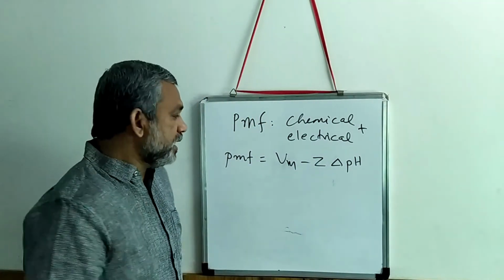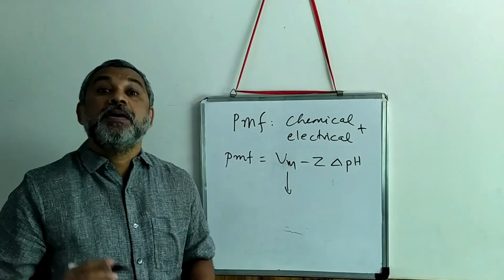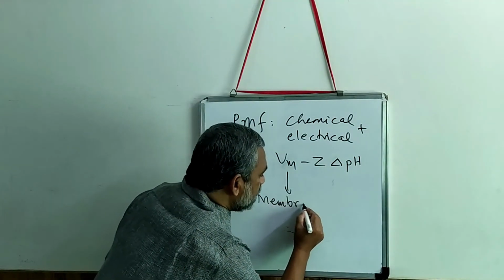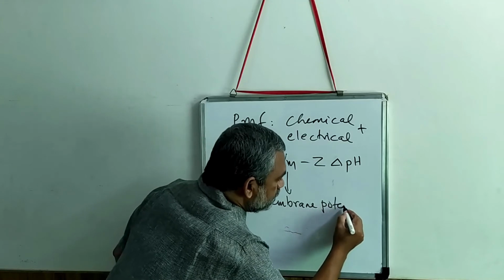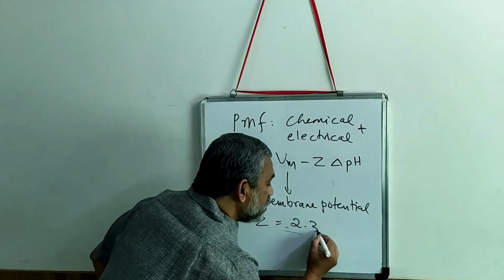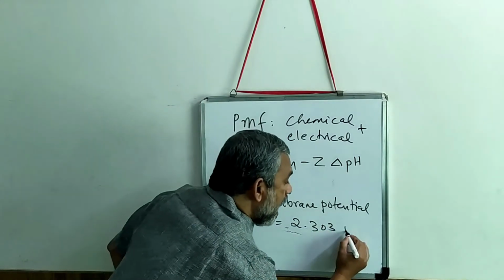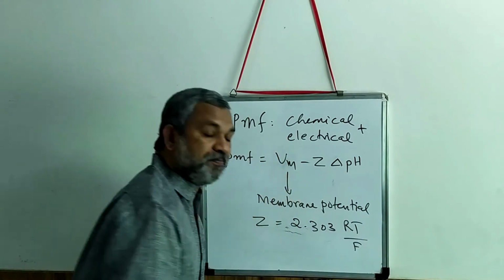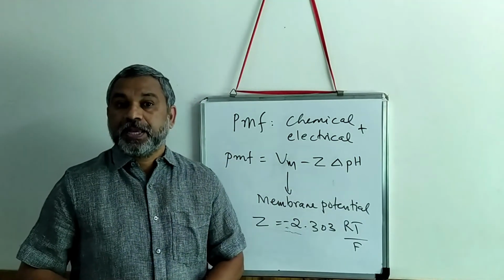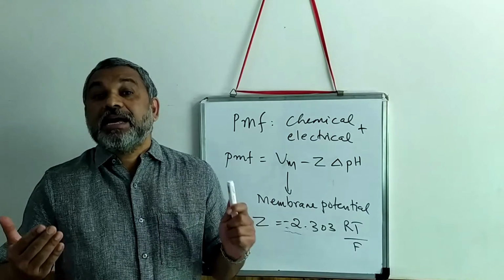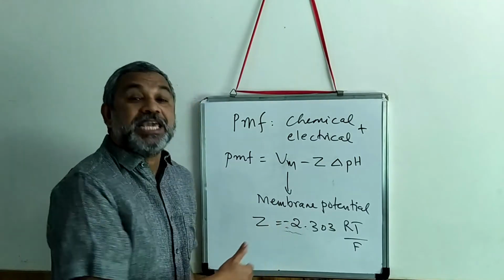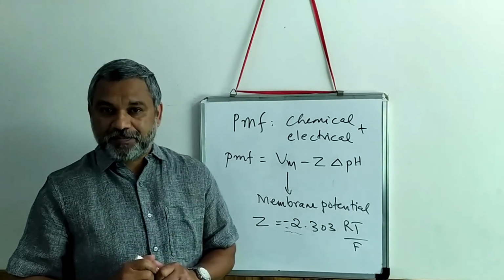Very easy to calculate. Here Vm stands for membrane potential. Z is equal to 2.303 RT by F. R is the gas constant, T is the absolute temperature, and F is the Faraday's constant.